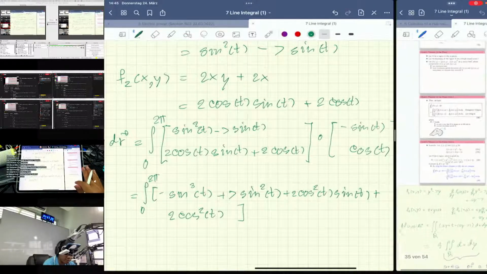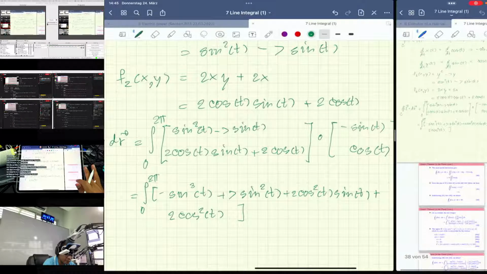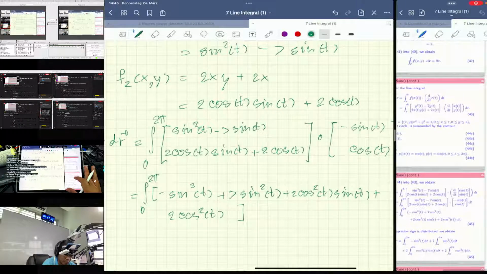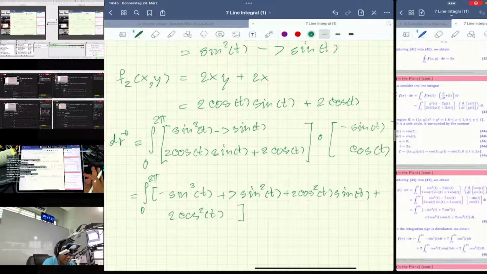Is that all right? Oh, many terms. Actually, there are 4 terms.